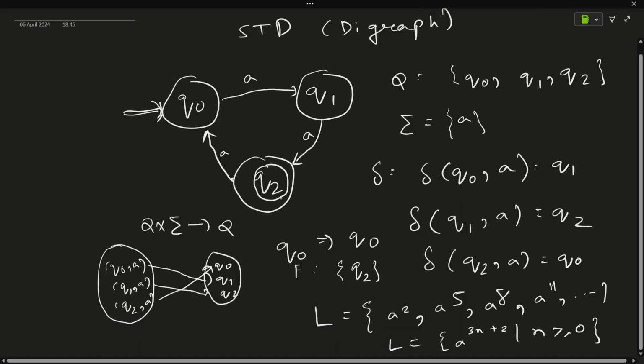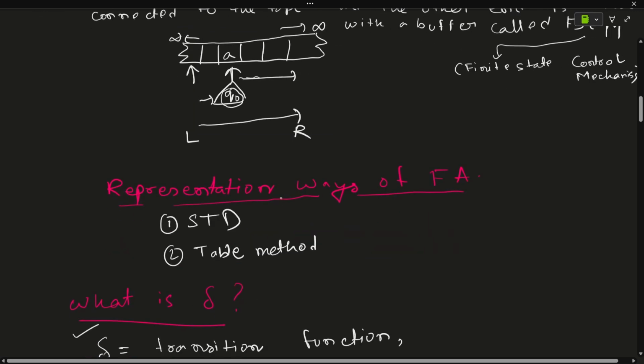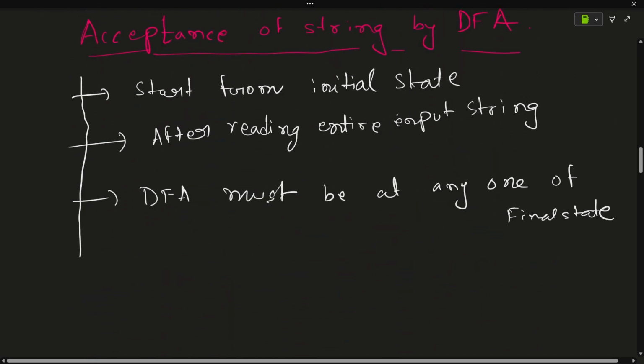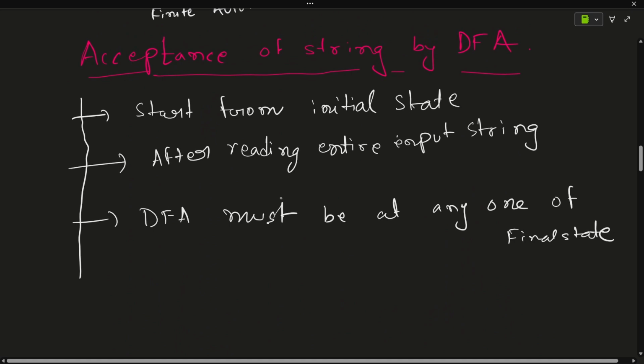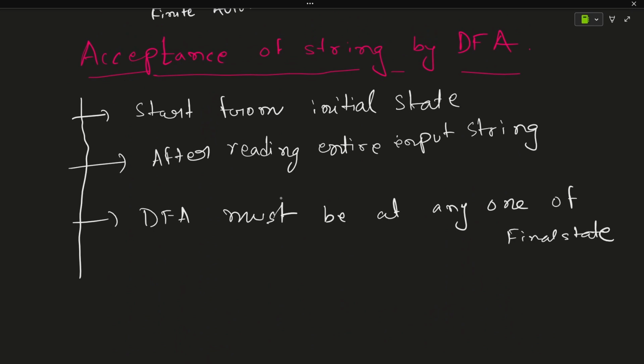So what do we mean by the language accepted by the DFA? You have known that a string is accepted by the DFA. The language is nothing but the set of all strings possible over the input alphabet sigma.